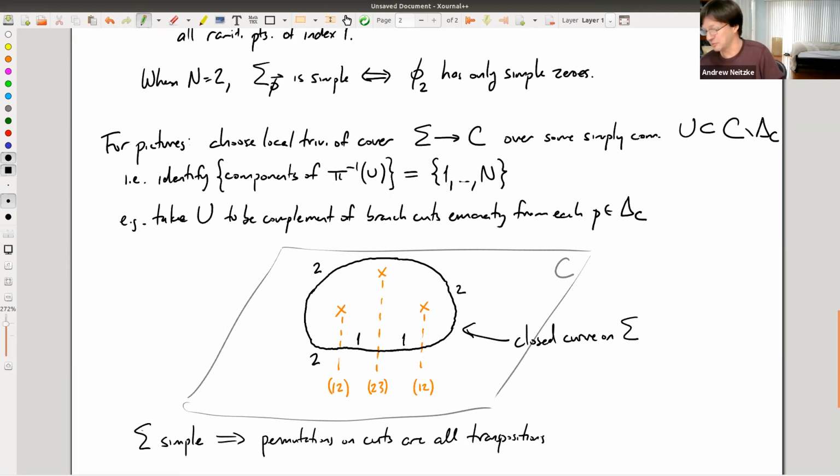And so in particular, I don't have to put a little arrow that tells me which direction the permutation goes, because it's its own inverse. Because it's its own inverse, I can just draw it like this. Okay.